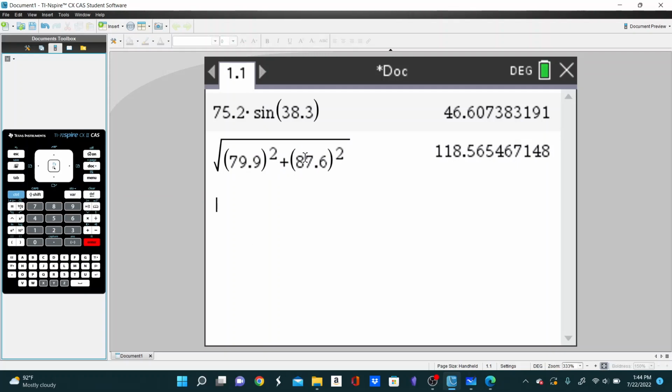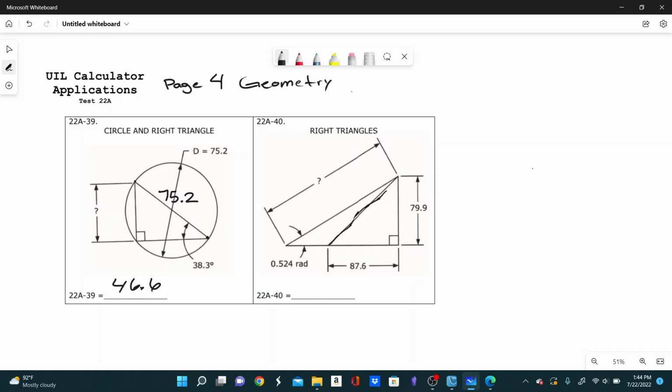And so the length of that side is 118.565.